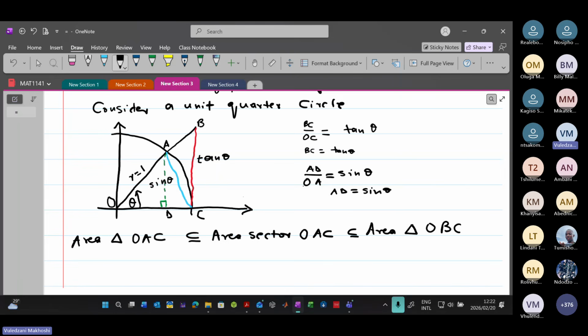How do we find the area of a triangle? It is a half base multiplied by height.